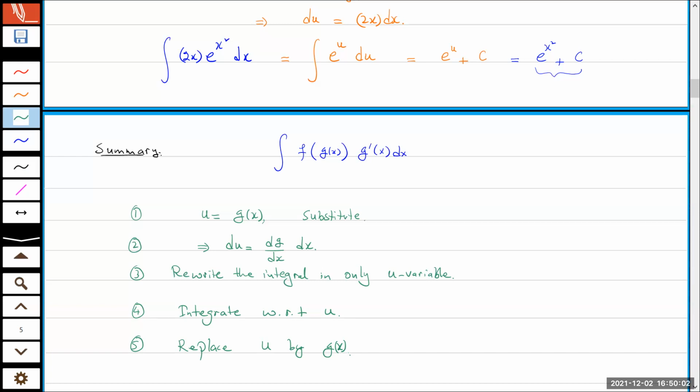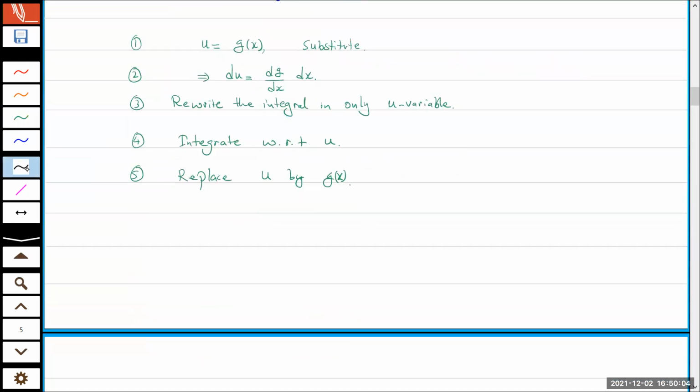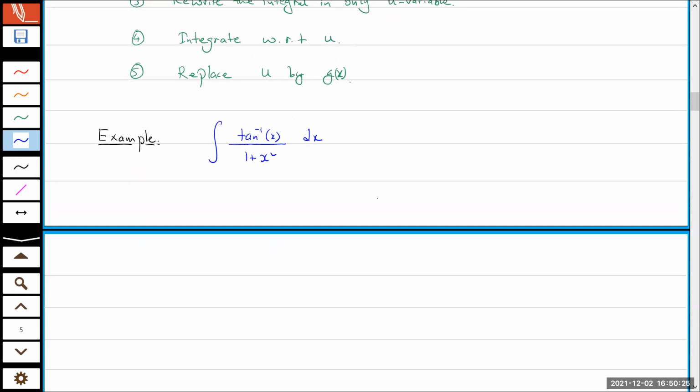Another example. Let's take the indefinite integral of tan inverse of x divided by 1 plus x squared dx. Now, once again, you can see that it's not a standard function.